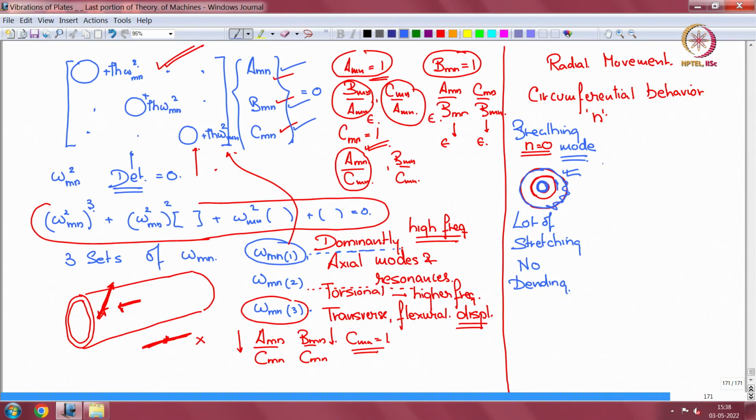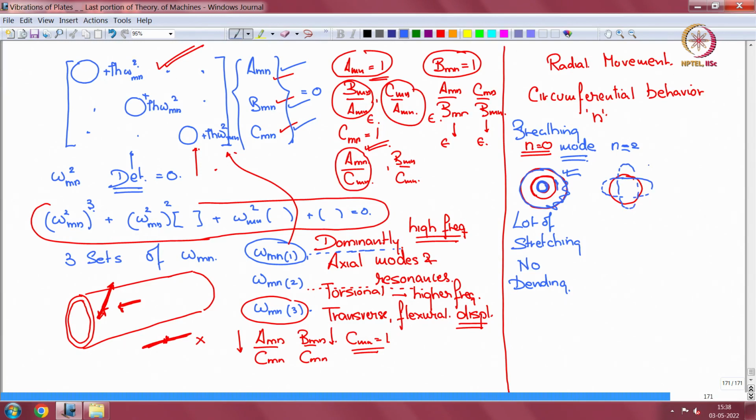Okay. So if I go to n equal to 2, just taking a higher mode number in the circumference, then if this happens to be my nominal circle, then n equal to 2 behaves like this. In part of the cycle it acquires this shape, in another part it acquires this shape.